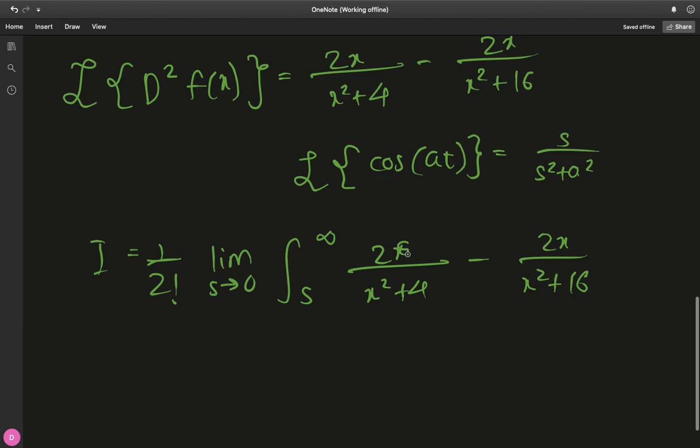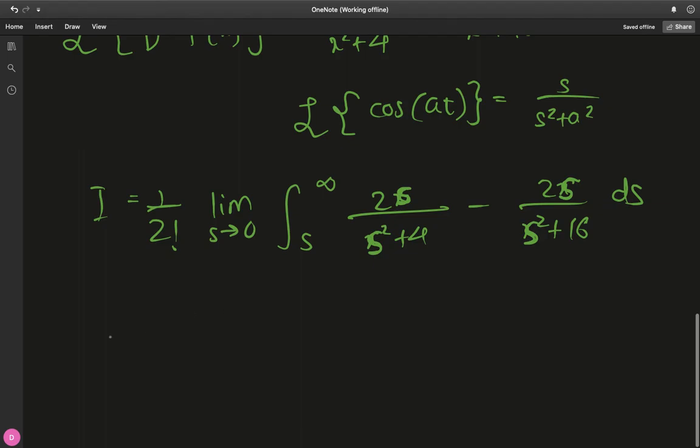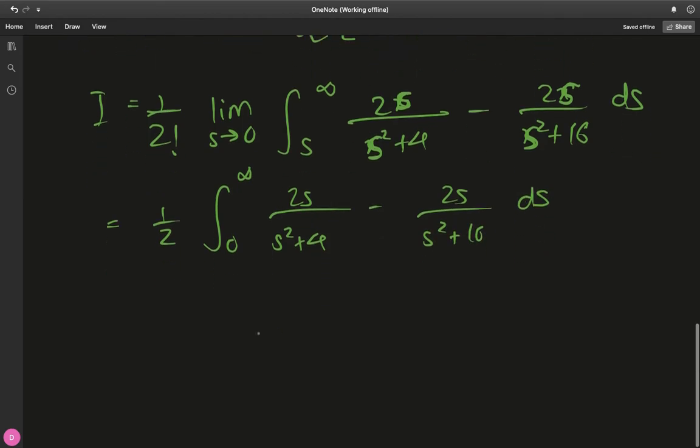Actually, we should write this as an s because the integral was with respect to s, ds. 1 over 2 factorial is 1 over 2. We can just apply the limit, integral from 0 to infinity of 2s over s squared plus 4 minus 2s over s squared plus 16 ds.